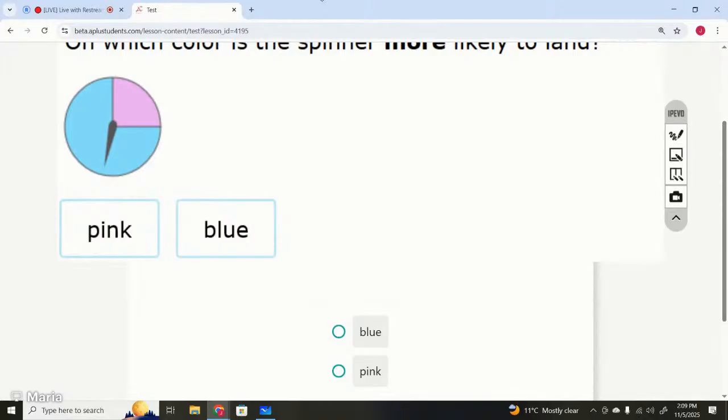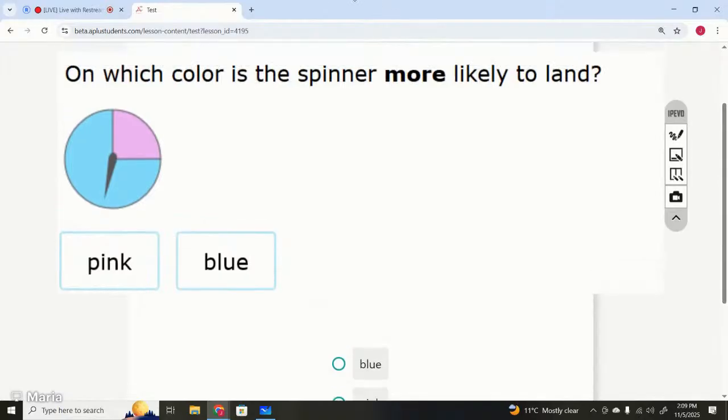On which color is the spinner more likely to land? It will more likely land on blue.